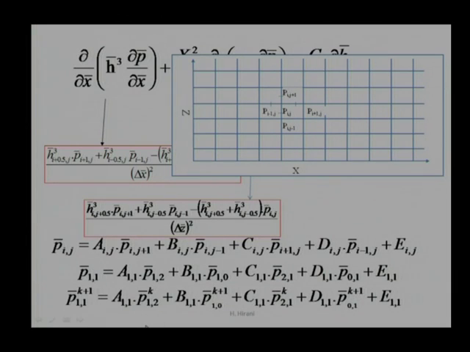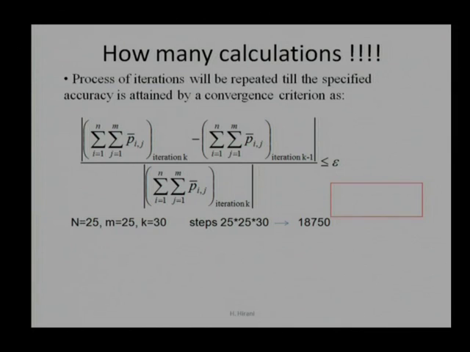All other constants for the nodes will remain the same and will not change with any iteration; they will just be repeated. And we can use an initial condition, not boundary condition, that P i j is 0 at all nodes. Then this is the convergence criteria we have been using.